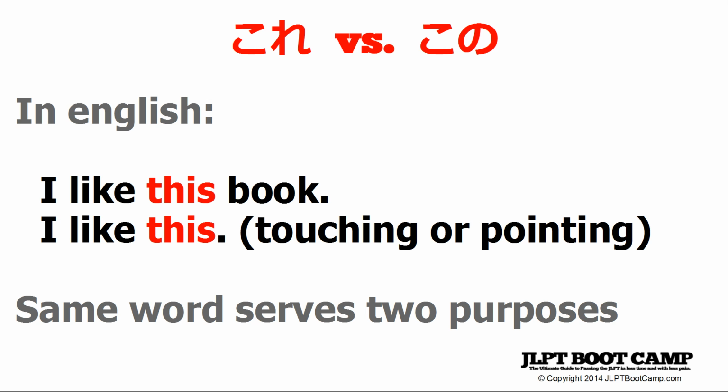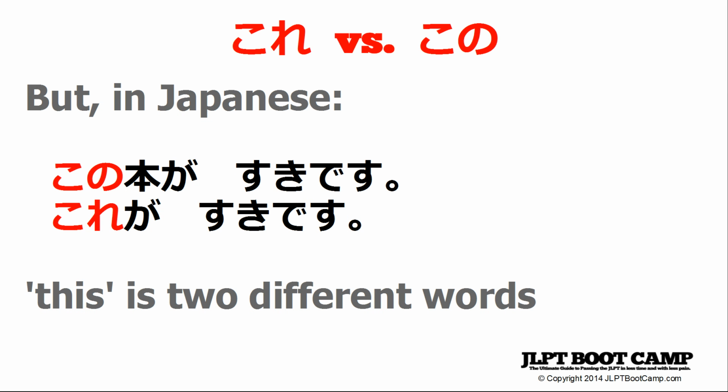It's a little bit more complicated than that, of course, but in this particular situation, it's behaving as a noun. But in Japanese, this is actually two different words. So if you translated these two sentences into Japanese, you'd have kono hon ga suki desu and kore ga suki desu. So "this book" and "this," something I'm touching or pointing at, are two different words.